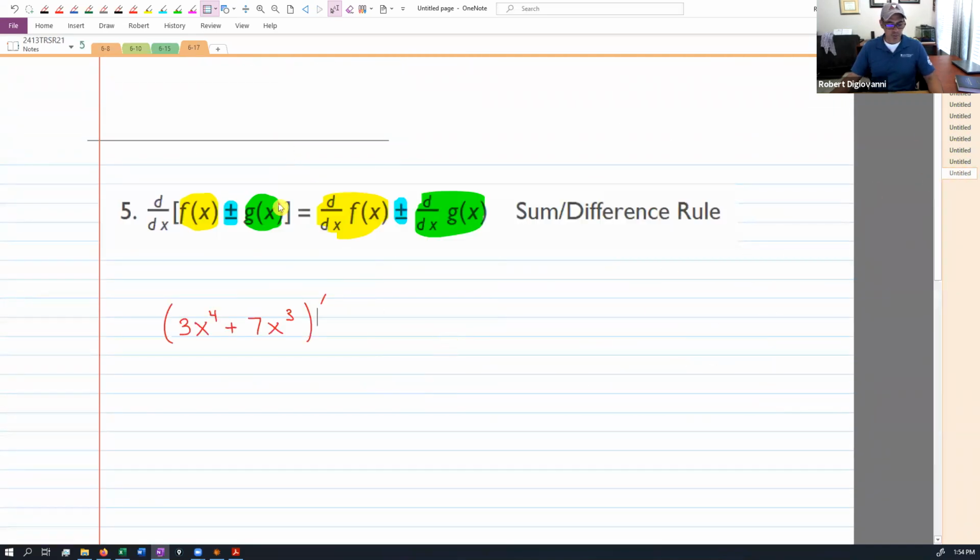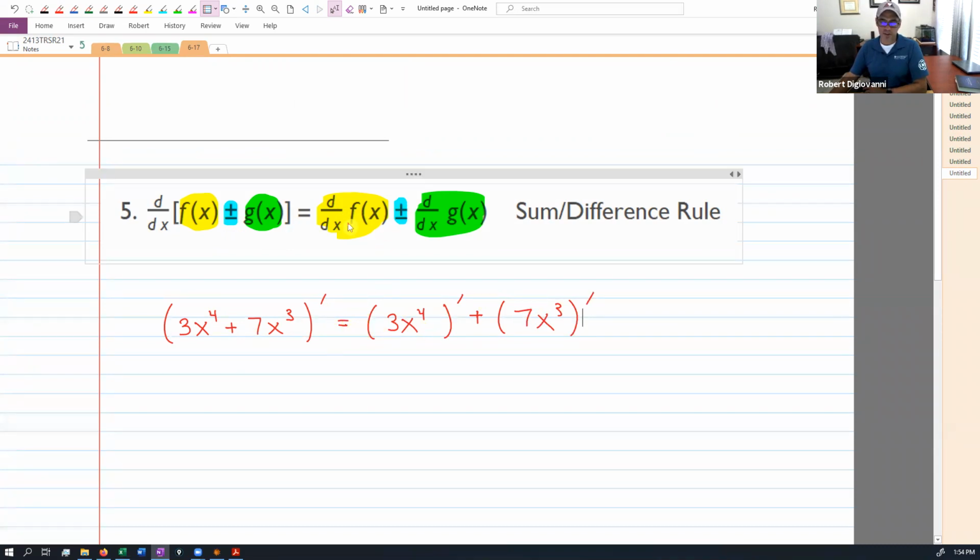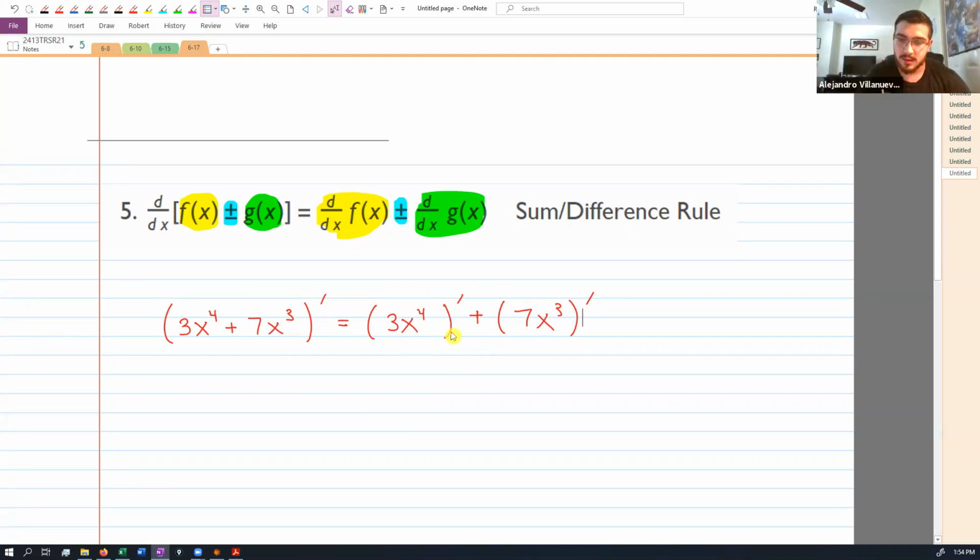But now this rule says if you see addition or subtraction, you are allowed to just take each one of them and do them separately. Do you see the rule in action here? Do you see how I've written that and how this represents that rule, Alejandro? Yes, sir. Okay, so now just give me these answers.